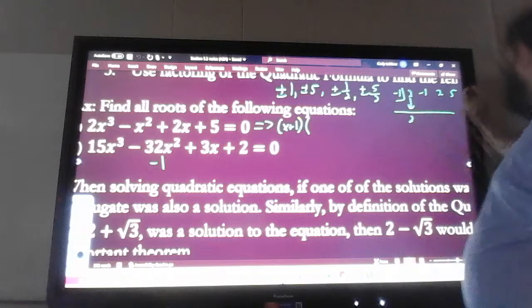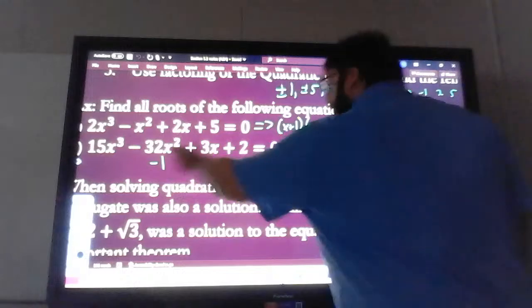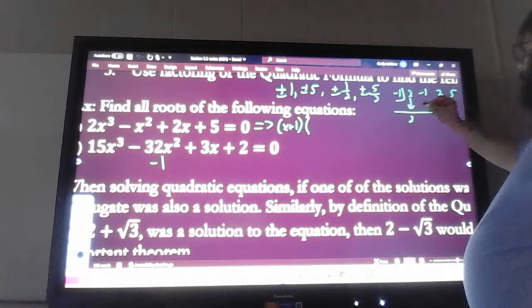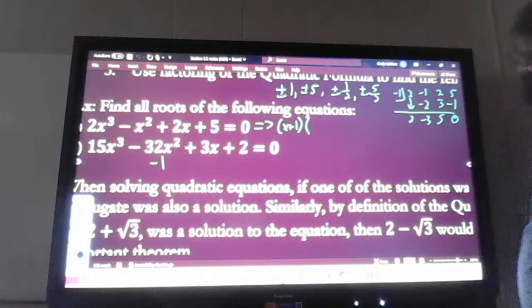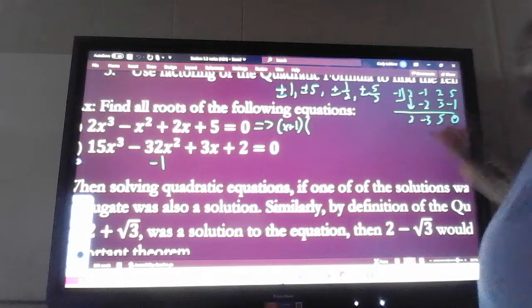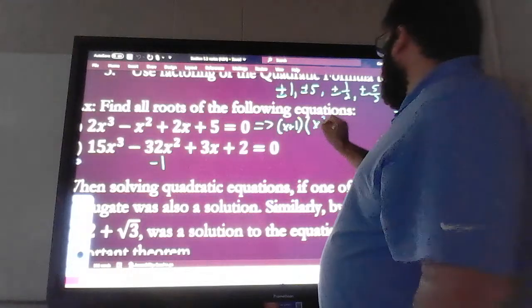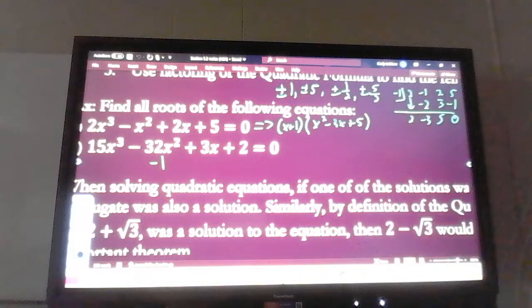When I get to the end, there should be a 0 here because this is a solution. It means x plus 1 is a factor, and by the remainder and factor theorems, the remainder is going to be 0. So let's see: multiply, add, multiply, add, multiply, add. Bingo. So when I factor this, one factor is x plus 1, or x minus -1. The other factor is going to be x squared minus 3x plus 5. And there you go.